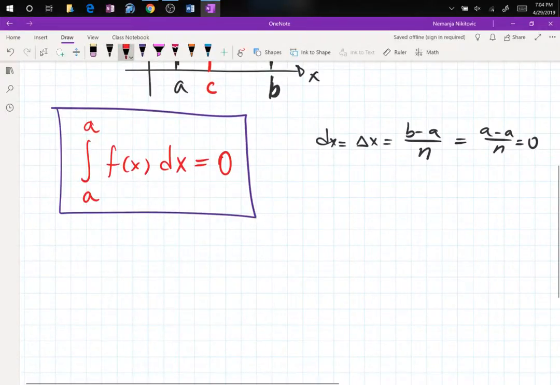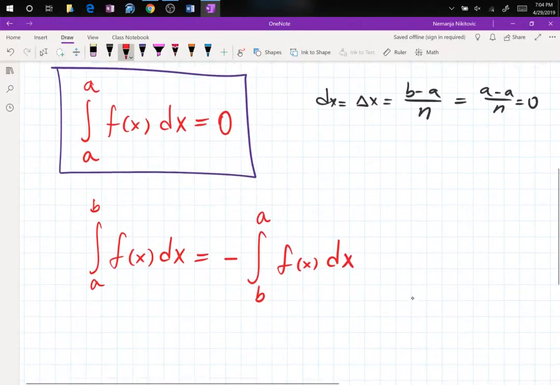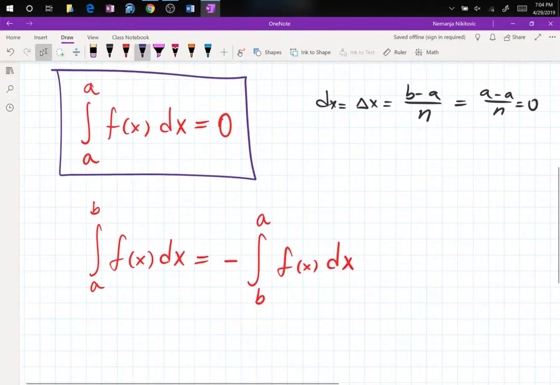Another formula, and you are going to use this a lot in Calc 2 and 3, is the formula that allows you to switch the limits. So if you put b on the bottom, then there's the minus in front.